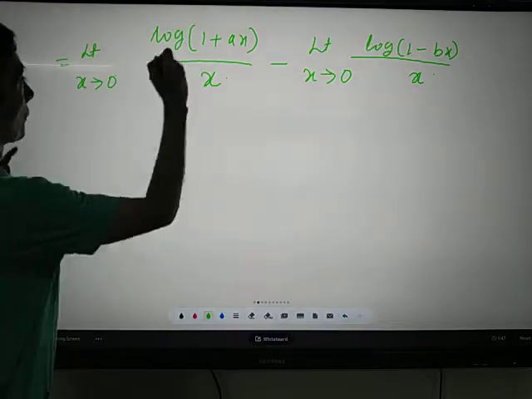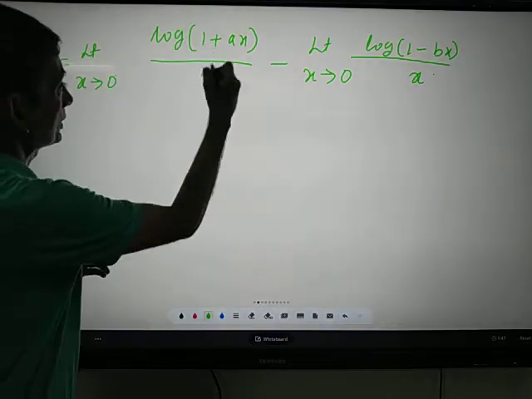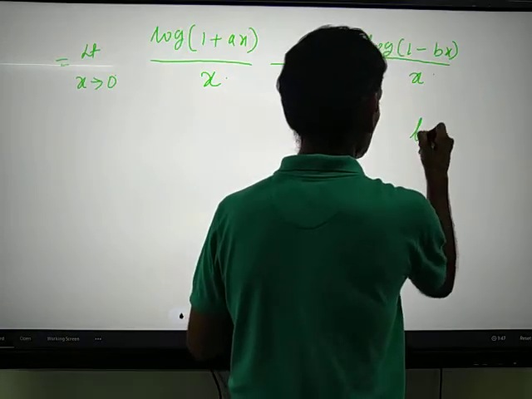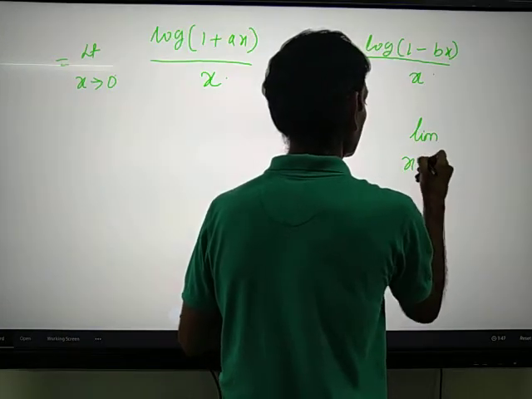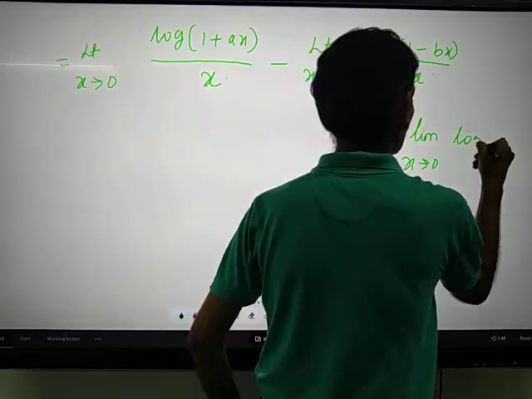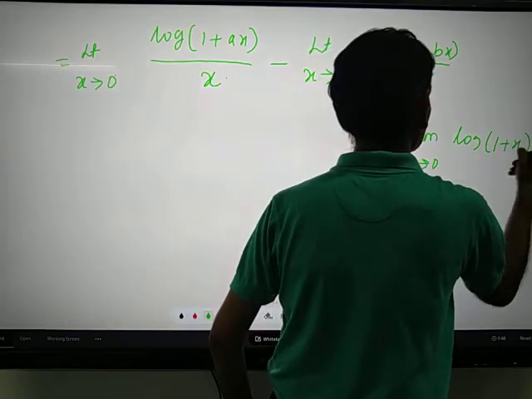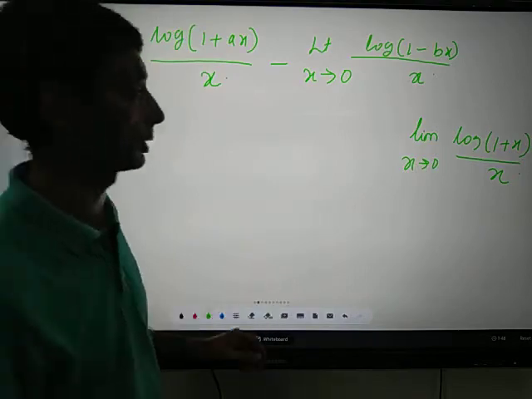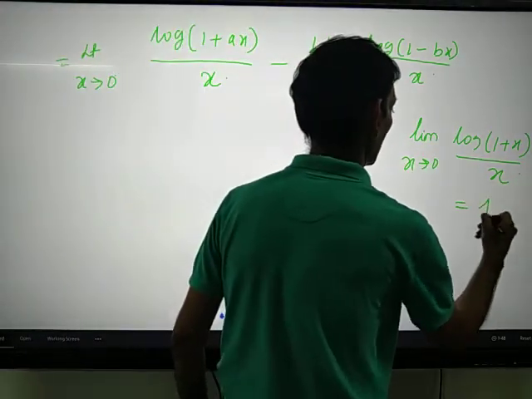While finding the limit of log(1 plus x) by x, we are going to use a known formula that we have discussed: limit x tends to 0 of log(1 plus x) by x is equal to 1.